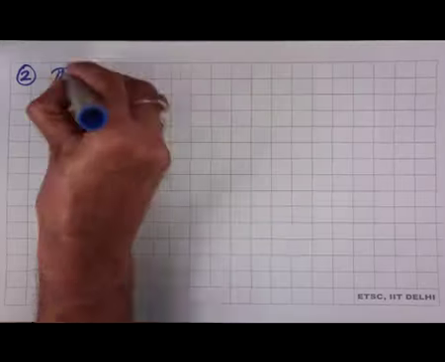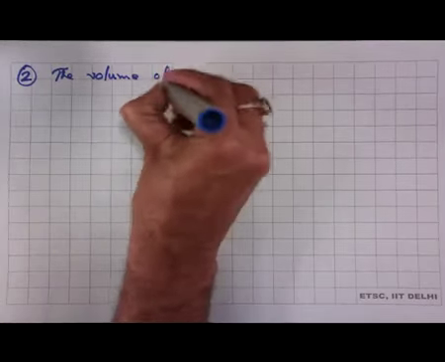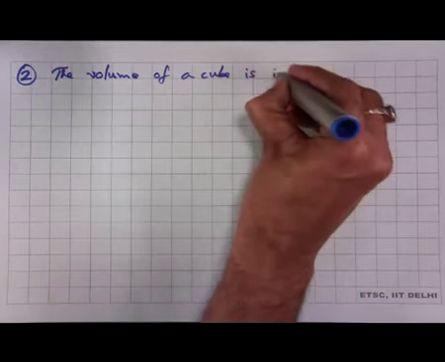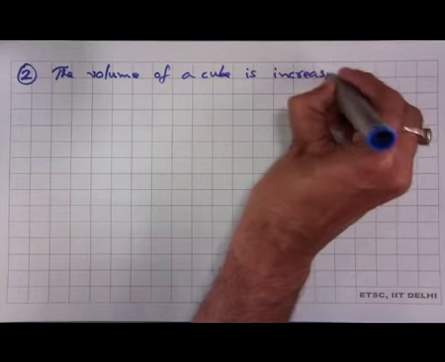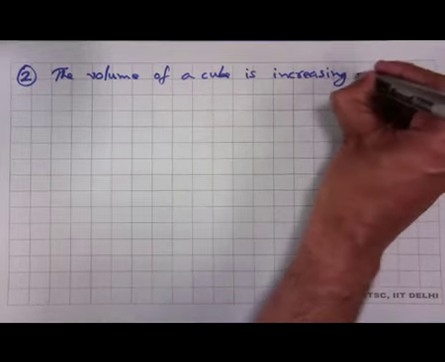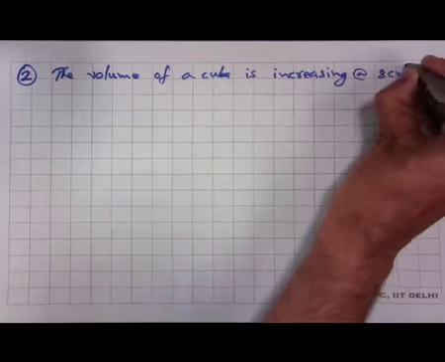Let us look at the next problem. Here we are given that the volume of a cube is increasing at the rate of 8 centimeter cube per second.